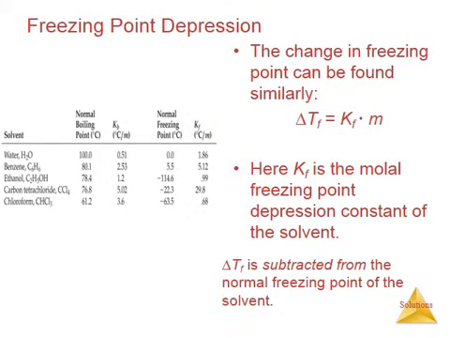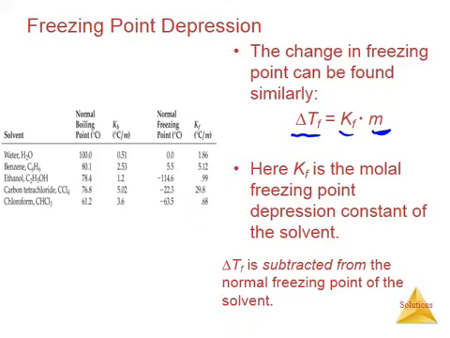Freezing point depression, that expression is also very similar to the boiling point elevation expression. The only thing is here, freezing point goes down, the temperature goes down. In case of boiling temperature, that goes up. Again, m stands for molality, moles of solute per kilogram of solvent, and Kf is a constant, which is the molal freezing point depression constant. Remember, in case of boiling point elevation, we had Kb.